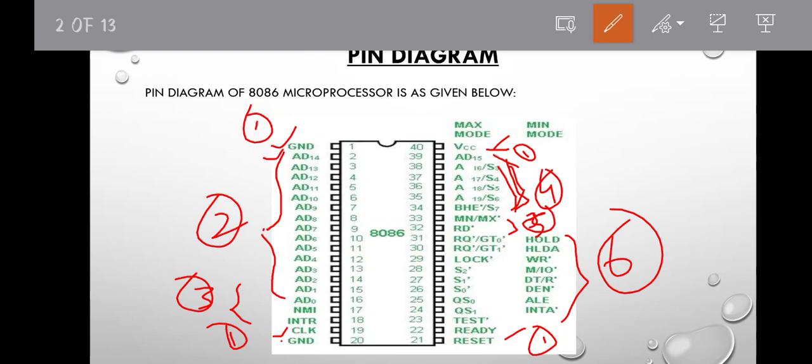And in the seventh step, the remaining 2 pins are TEST and READY. These are pins 23 and 22.